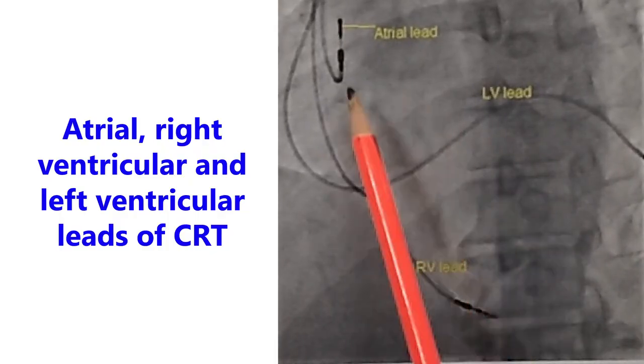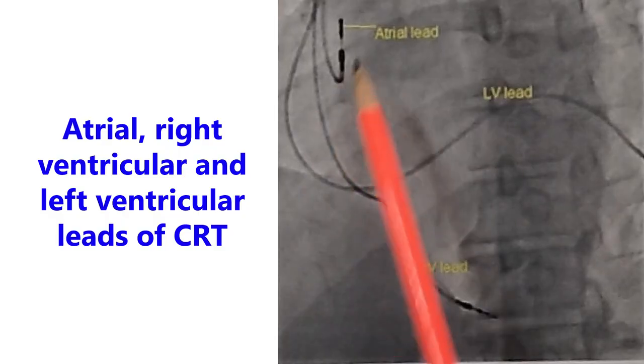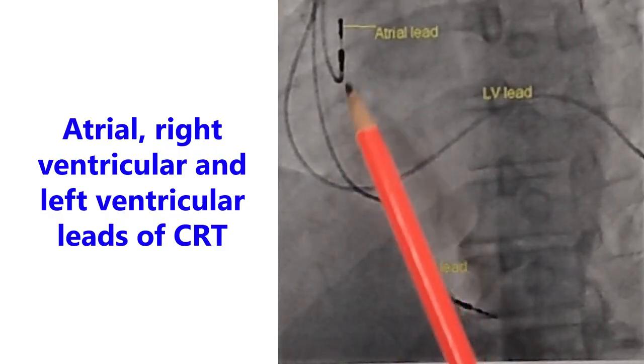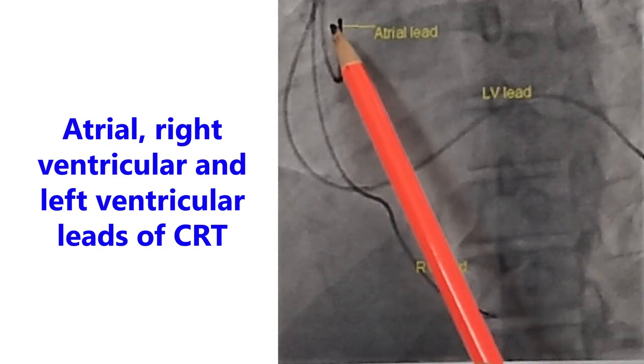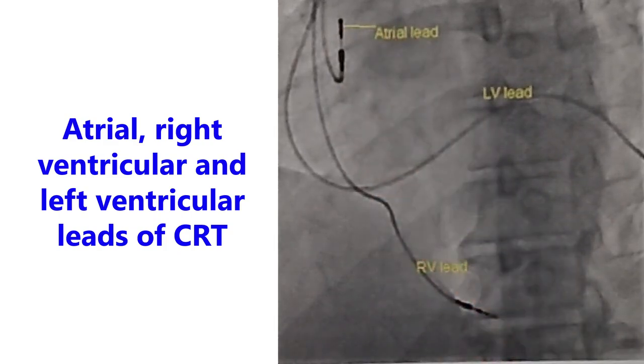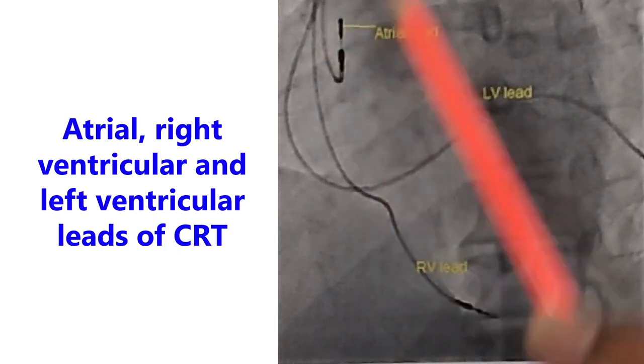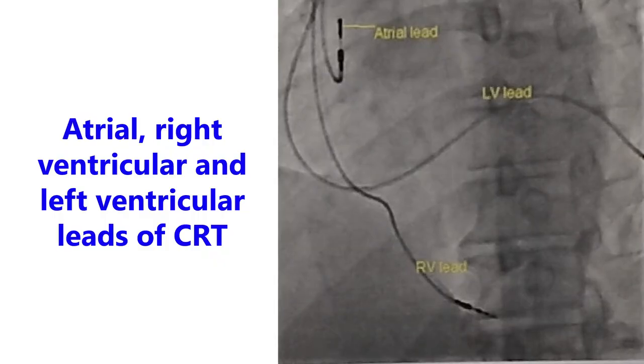And then the third lead, that is the atrial lead, will be introduced and positioned in the right atrial appendage. This has a J-shaped preformed curve to go into the right atrial appendage. Now it is ready for 3-chamber atrioventricular sequential biventricular pacing.